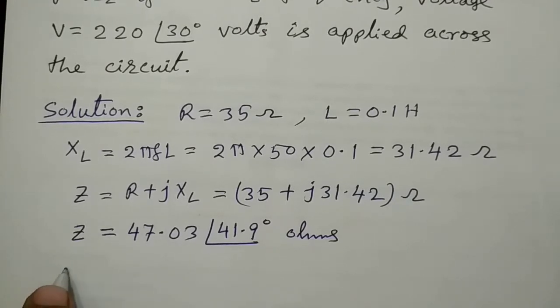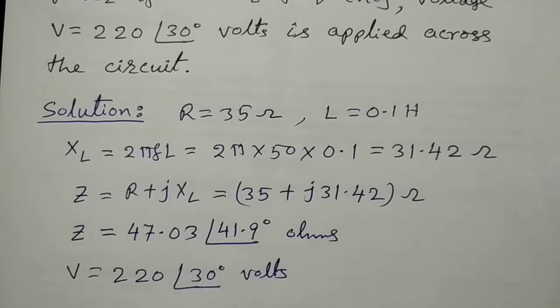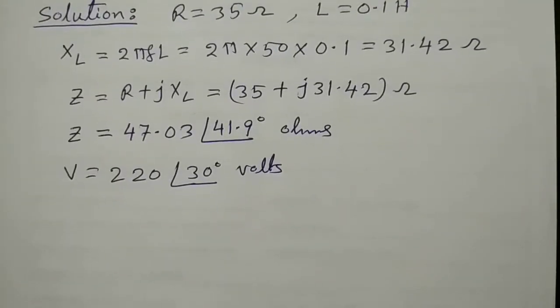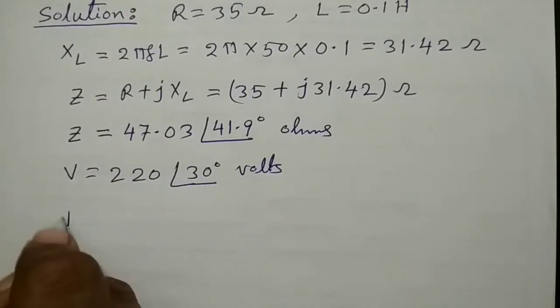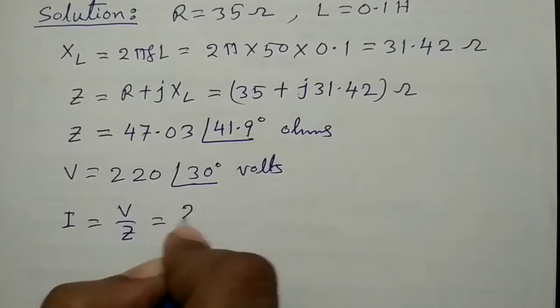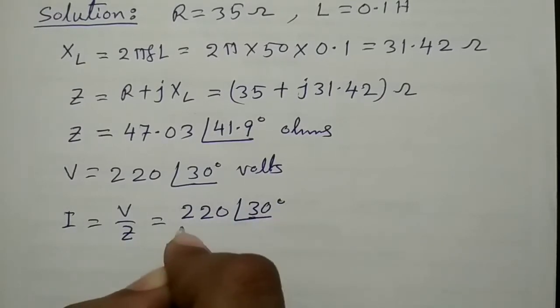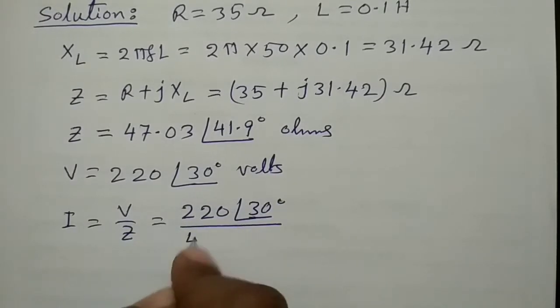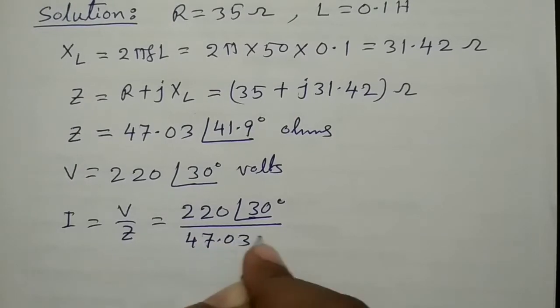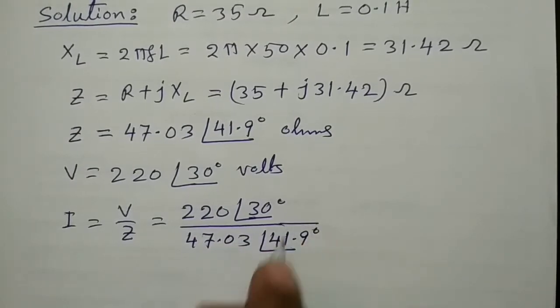The voltage given is 220 angle 30 degree volts. So the current can be written as V upon Z. So it will be 220 angle 30 degree upon 47.03 angle 41.9 degree.